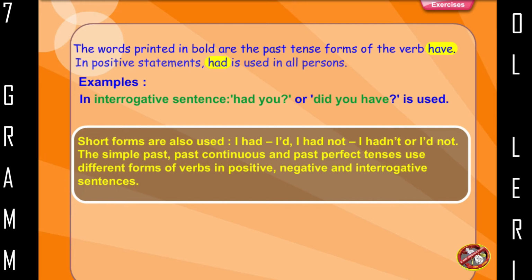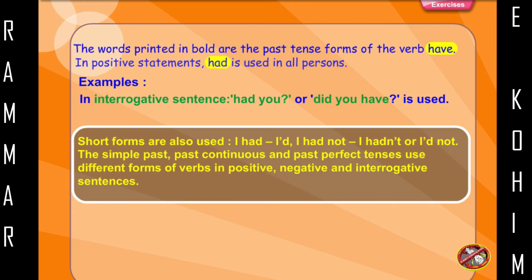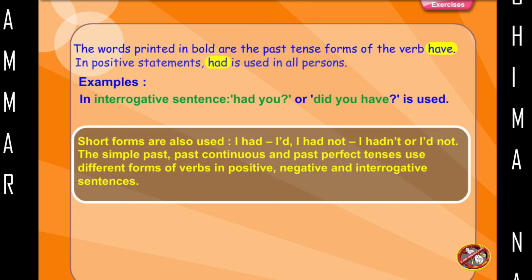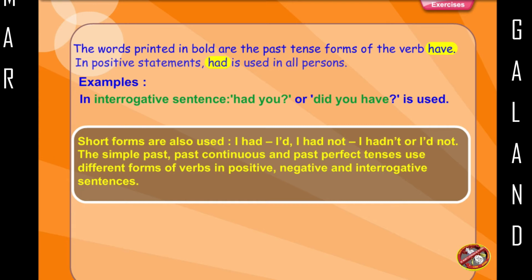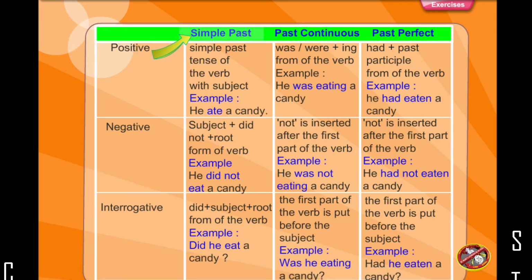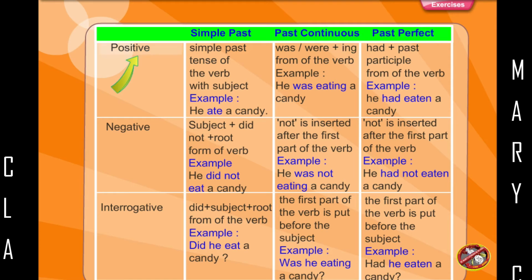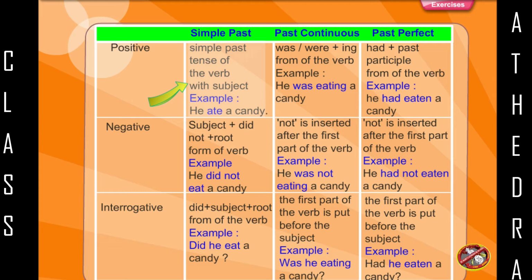The simple past, past continuous, and past perfect tenses use different forms of verbs in positive, negative, and interrogative sentences. Positive. Simple past: the simple past tense of the verb with subject.